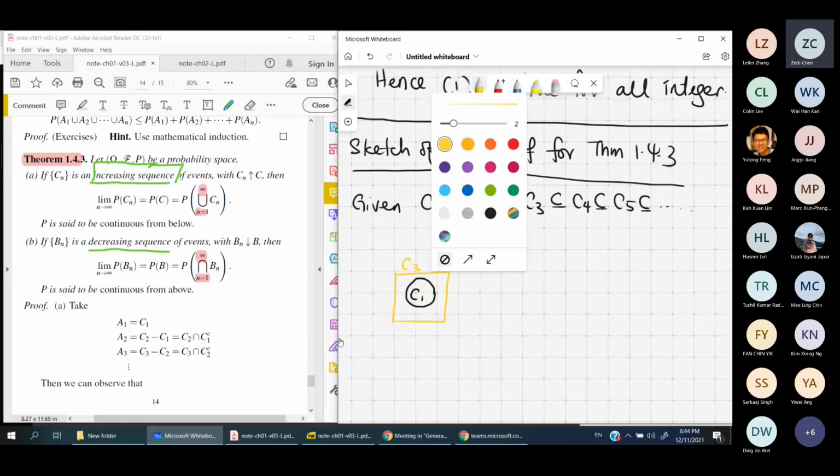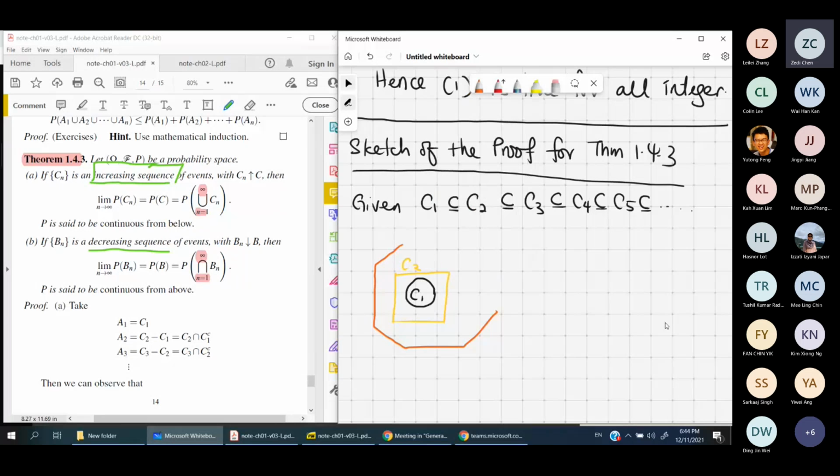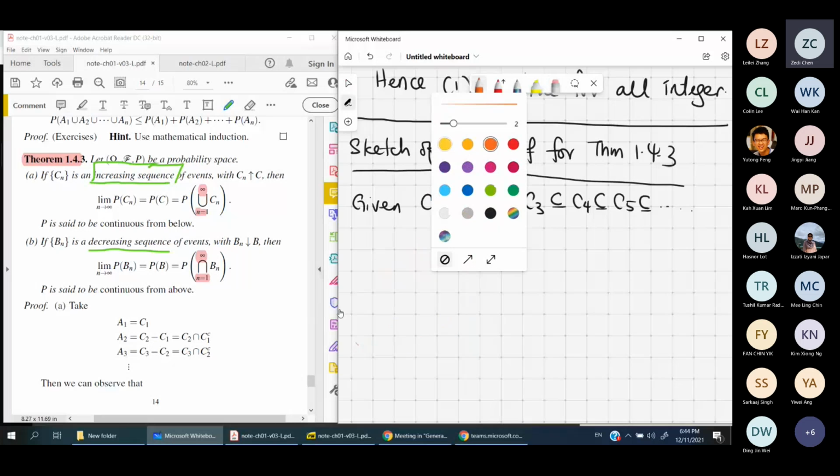And C2 is included inside C3. So that means C3 must be an easy shape. So this is our C3. I don't have space, maybe put it in the center here. Okay, so let's say this is our C1.